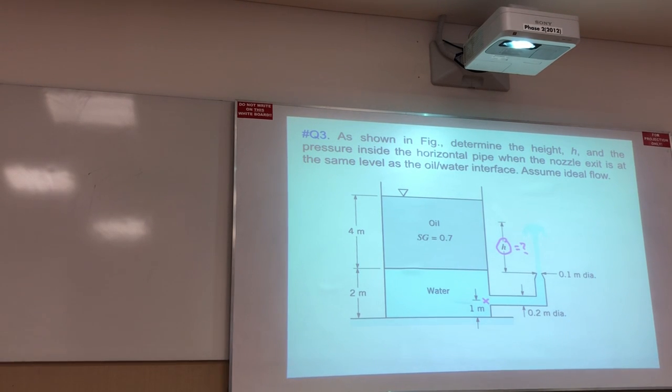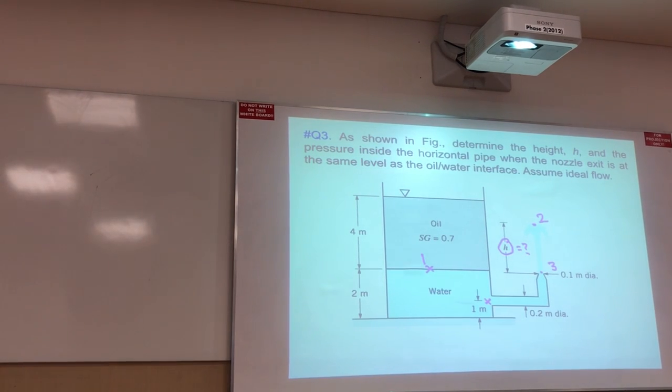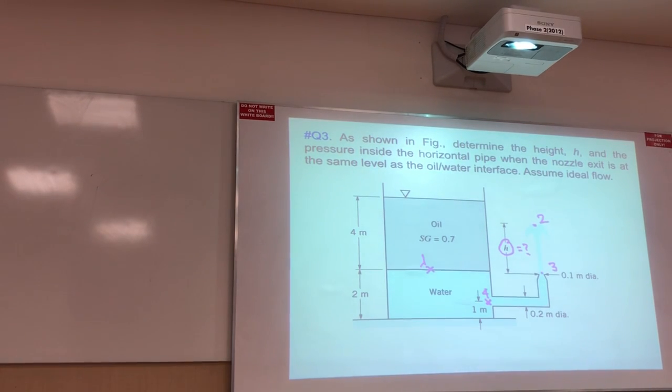So now I show you, I apply, this one is 1, at that point is number 2, here is number 3, here is number 4, right? This point is number 4. Can you tell me pressure P1? Here is pressure P1, right? What is the value of pressure P1?